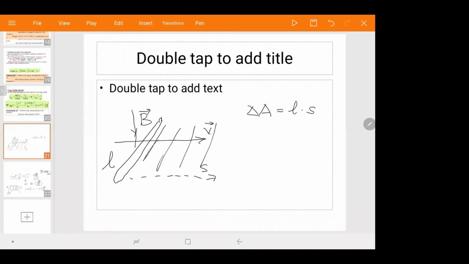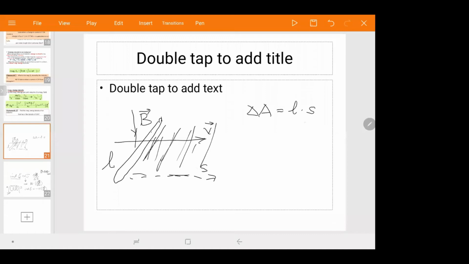That's what gives you the change of area. Rate of change of flux: flux means B times A. B is constant, area is changing, so we get delta A over delta T. And delta A is this area here, the one I just showed you: length times distance.